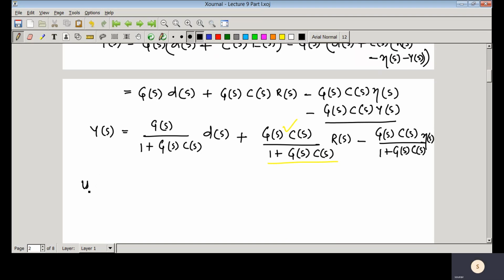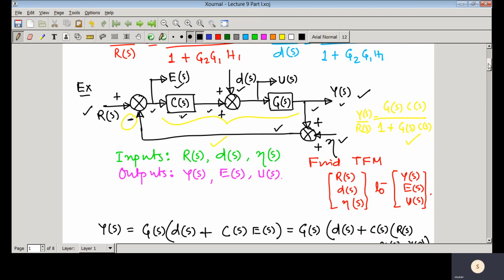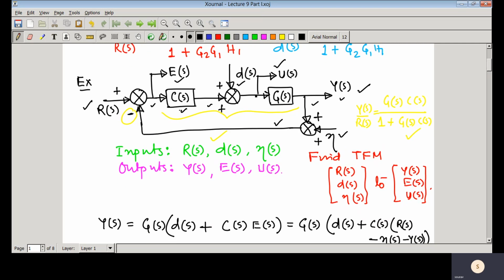So now Us is here, that is the control input. So Us equals Ds plus this signal.